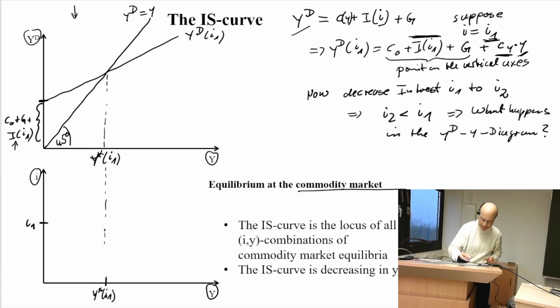What happens to this number here? You can think of that maybe I1 is 4% and I2 is 3%. It is just the market interest rate we have here.